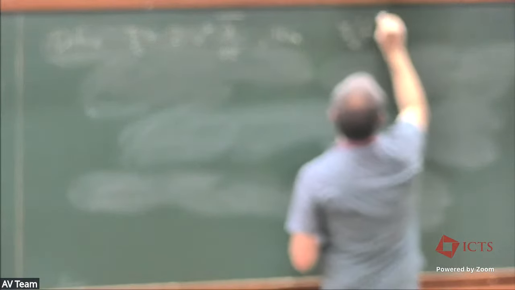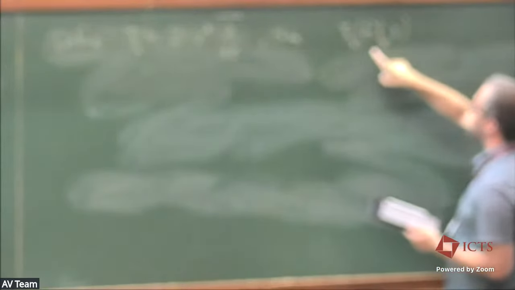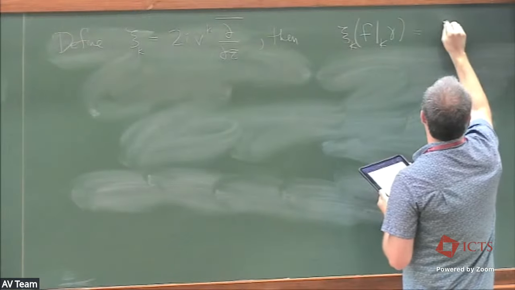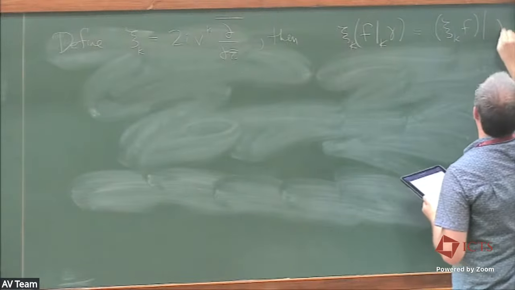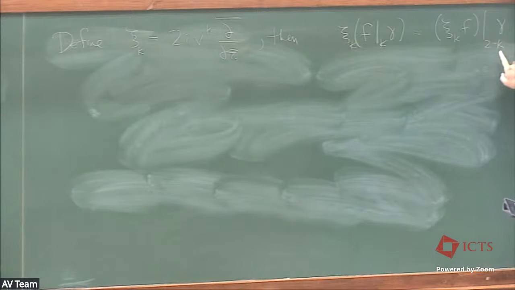If I slash with gamma and then I take xi of it, this is the same thing as taking xi first and then slashing, actually in weight 2 minus k. All right, and that we're going to see in a minute.